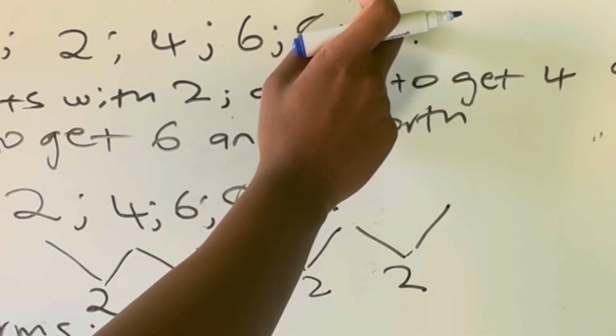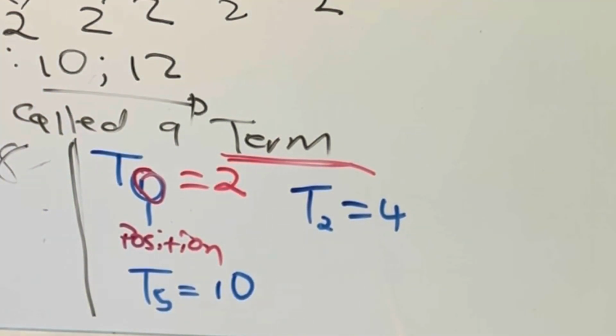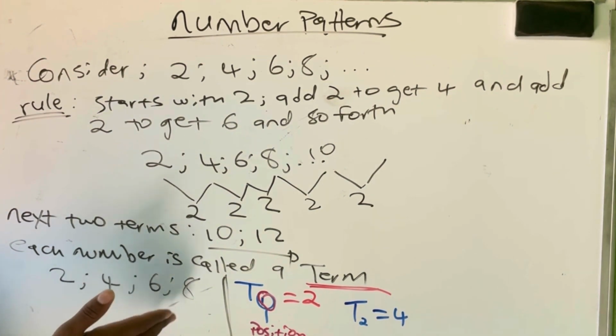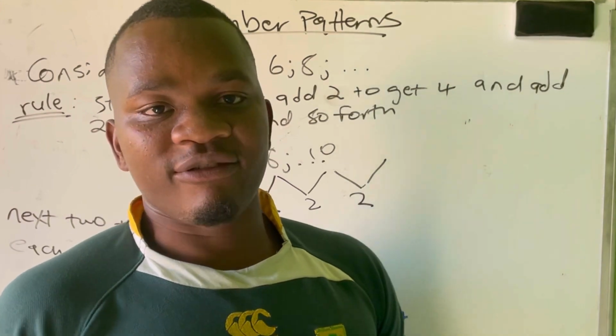You add 2, you have term number 5, which will be 10. Okay, but now, what if you are looking for term number 100? This is where we come up with a formula.